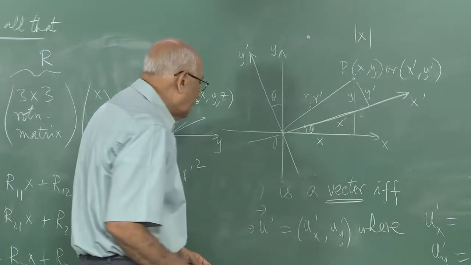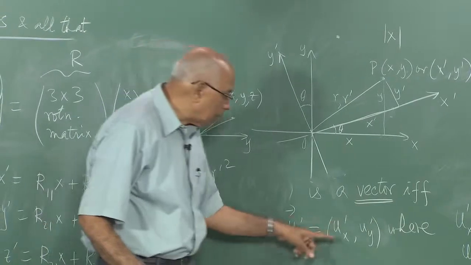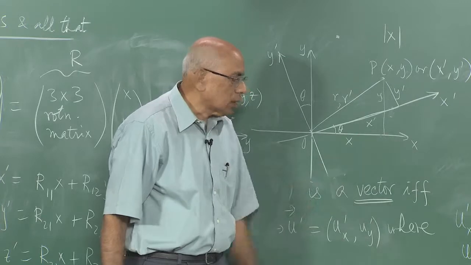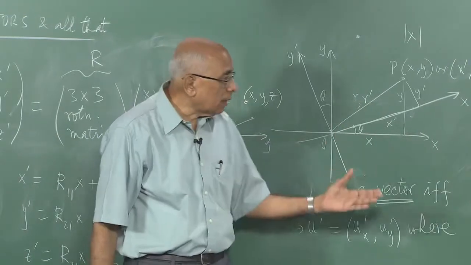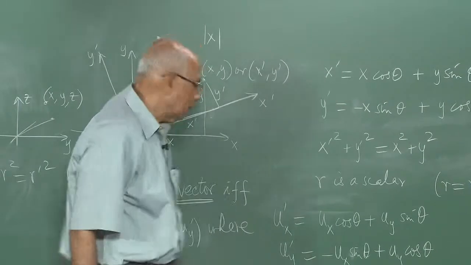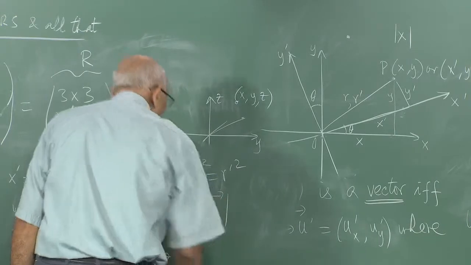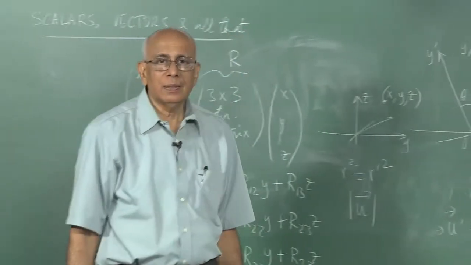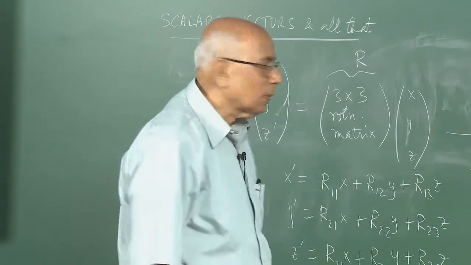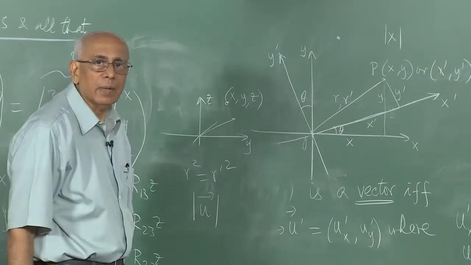On the other hand, you are certainly guaranteed that u squared, the magnitude, ux prime squared plus uy prime squared, is equal to ux squared plus uy squared, just as x prime squared plus y prime squared is x squared plus y squared. So this quantity u is indeed unchanged under rotations and is a scalar. But the magnitude of any one component is not a scalar by itself.